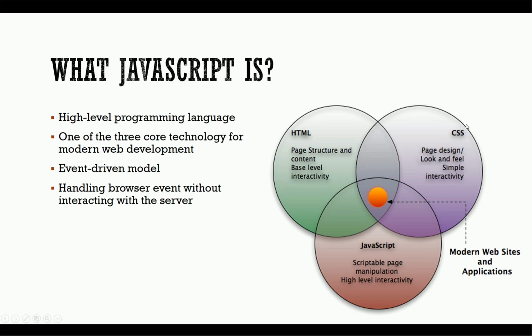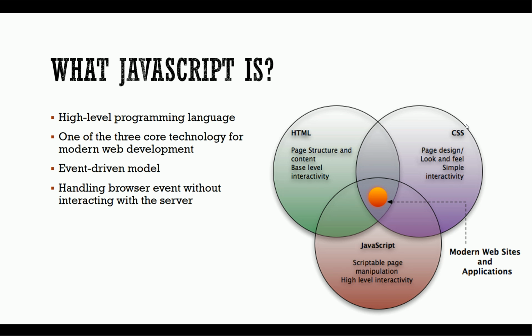We also learned about CSS, which gives web page design, look and feel, and provides simple interactivity. For example, we learned already about animations, making things move with the progress bar. You see that certain things might change status in a very simple way. But the final core technology is JavaScript.